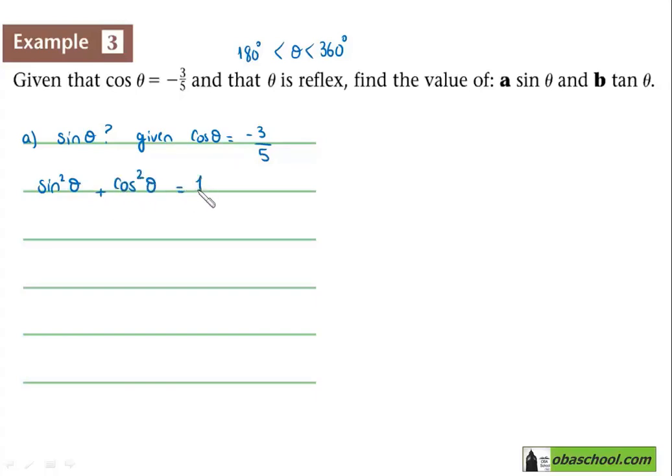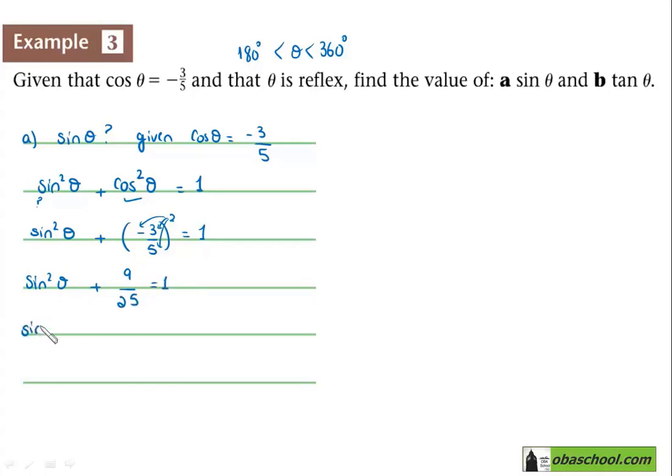We have the cosine. We only need to find the sine. So we substitute. Sine squared theta plus cosine squared theta is minus 3 over 5 raised to the power 2 equals 1. Sine squared theta plus, we insert the exponent, 9 over 25 is equal to 1.